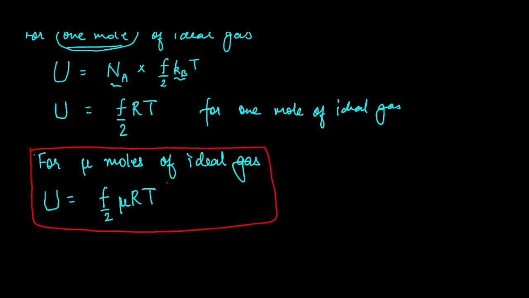Okay, fine. So that's the internal energy of an ideal gas. Don't forget what we have found. Mu is the number of moles, f is degrees of freedom, R and T you know very well.